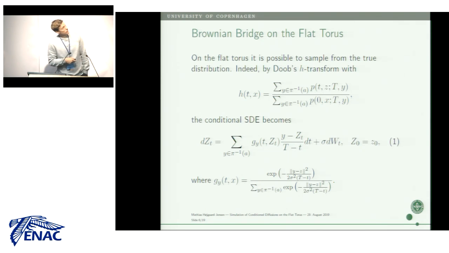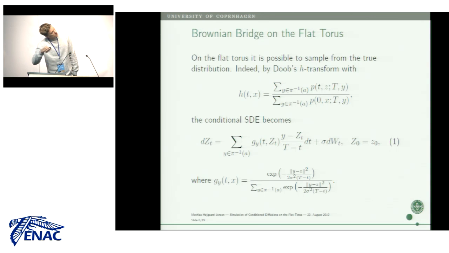On the flat torus, since it is flat and has the Euclidean structure, we actually have a closed form expression for the heat kernel. That is what we have in the denominator here. This is the lift to R^2 of the heat kernel on the flat torus, and by means of Doob's h-transform, you take this function h.